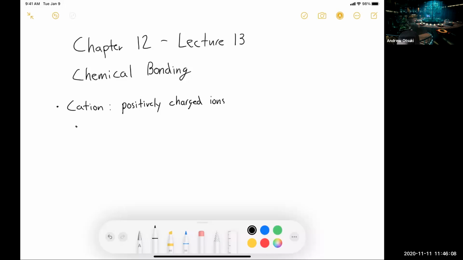Cations are formed when an atom loses one or more electrons.